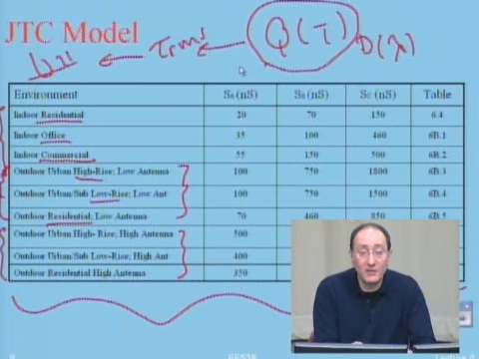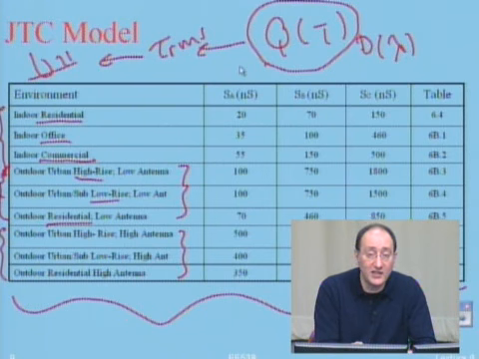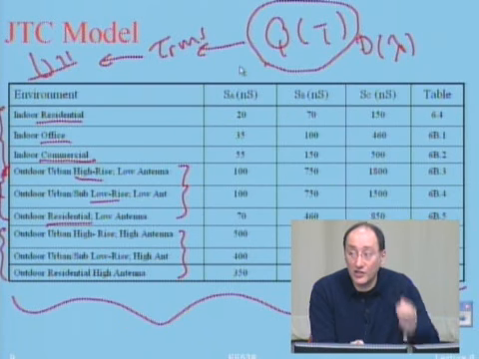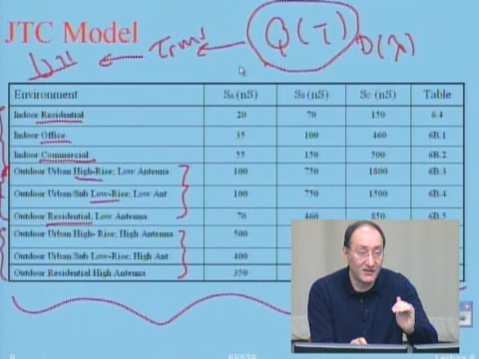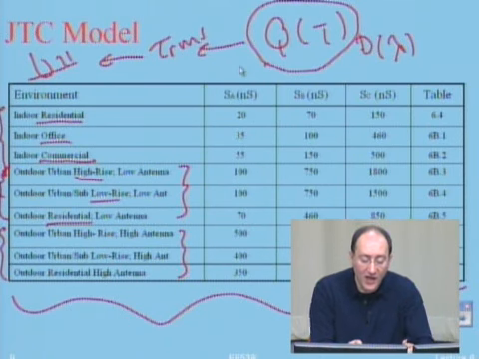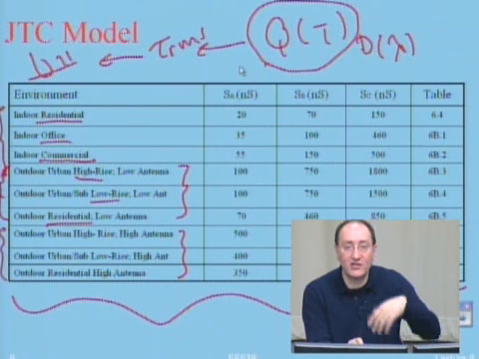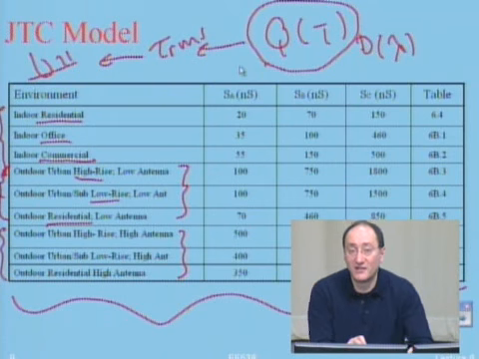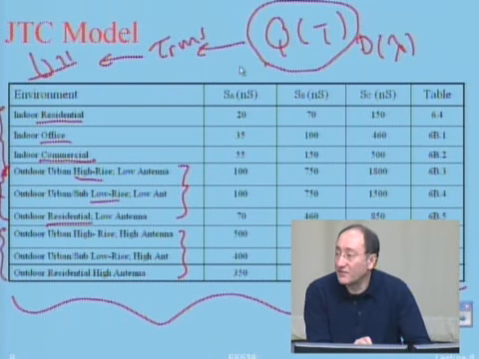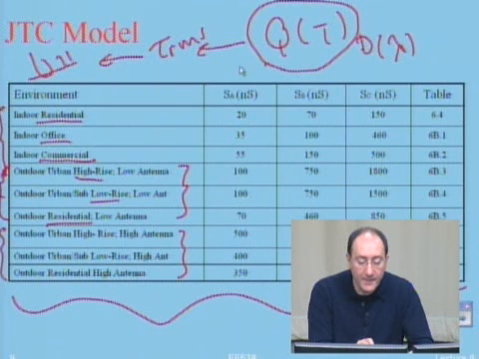Low antenna. Do you remember what the meaning of low antenna was in JTC? Antennas were not on the roof. They were under the roof, on the walls. Okay. High antennas are above the roofs. So they had different models for that.